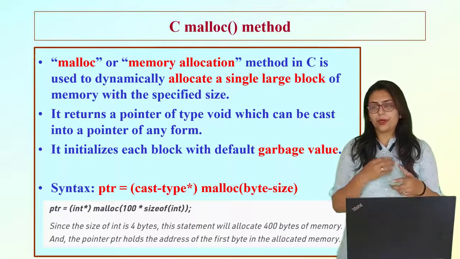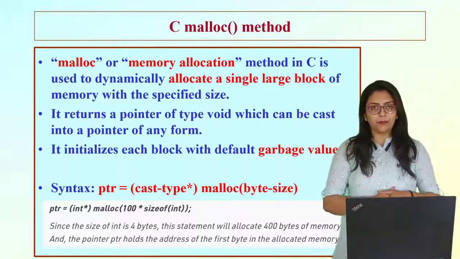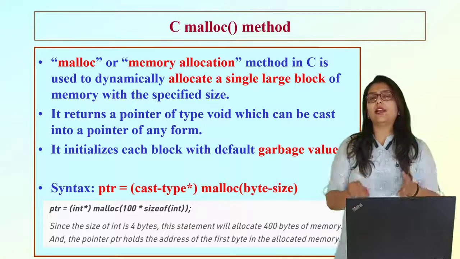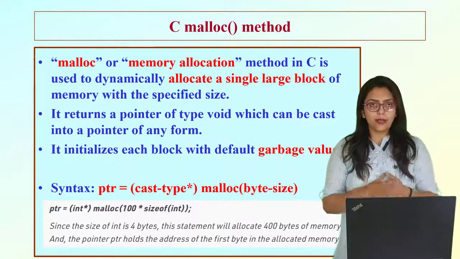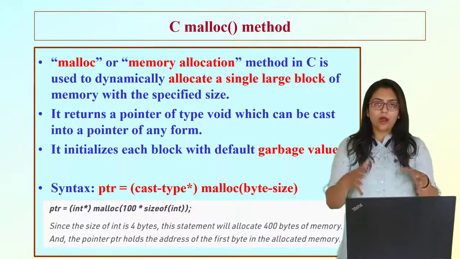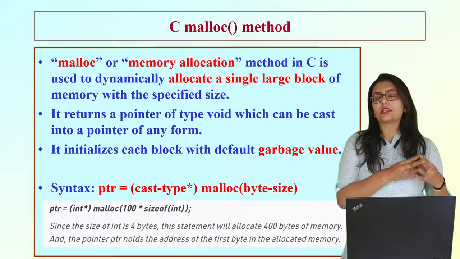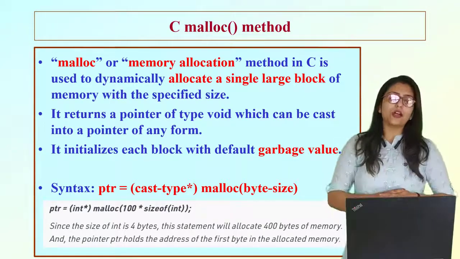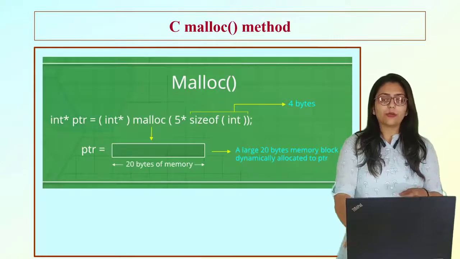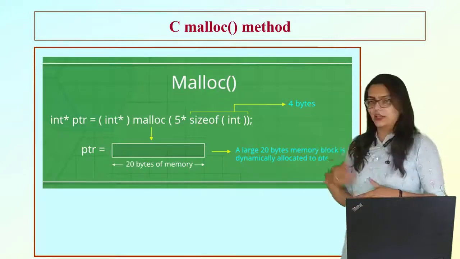Now one thing you should remember: if you are assigning a block using malloc, then by default it will hold garbage values. You have to remember this because there is a difference in the case of calloc or realloc. This is all about malloc. You can see how it is graphically represented.